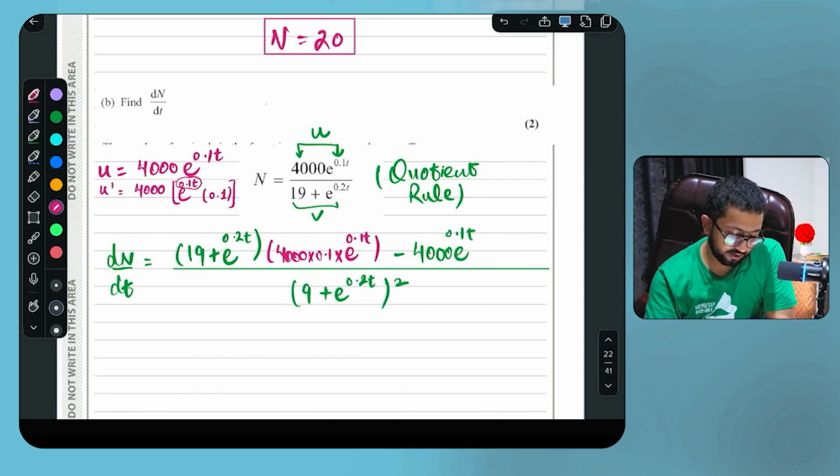Take the derivative of v, and v is 19 plus e raised to power 0.2t. The derivative of v: the constant derivative is 0, and the exponential will be, first I will write as it is and then 0.2.